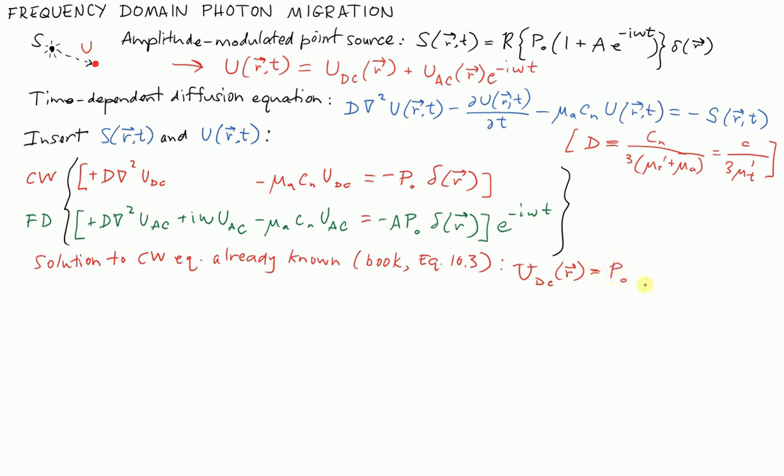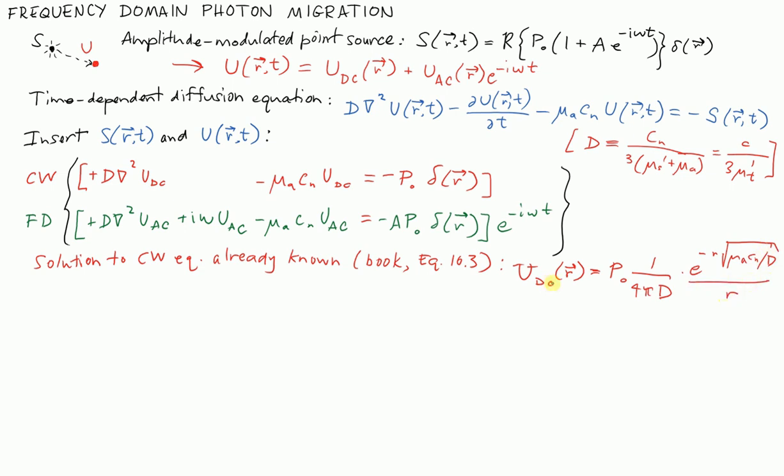It's the power of the light source, 1 over 4 pi D. That D shows up in this location here. And then it's an exponential, e to the minus r, square root of mu a, speed of light over D, all in the square root, over r. So that's the solution for the DC term.